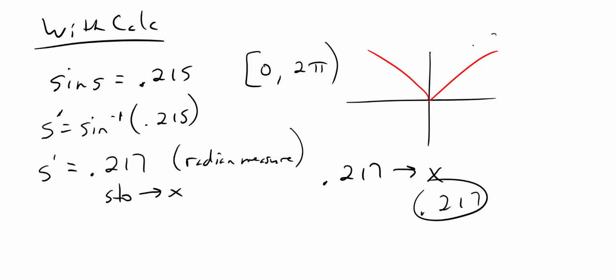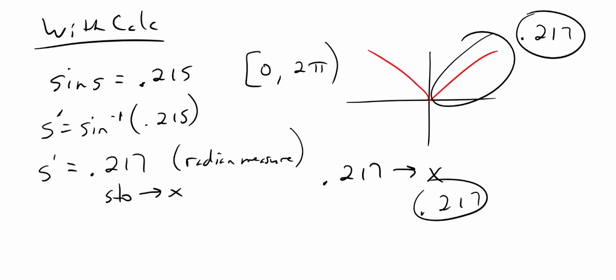Do you guys agree the first answer here, this is 0.217? It's in the first quadrant. So what did you do to find this other answer? Let me highlight this one. What did you do to find this one before? Didn't you always say it's pi minus the reference angle? Well, you're going to use the pi button on your calculator. The pi button is right above the caret button, right above the division button.